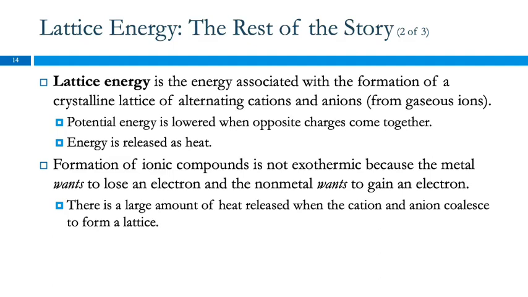So this is an important idea. The formation of ionic compounds is not exothermic because the metal wants to lose an electron and the nonmetal wants to gain an electron. I talk about it that way. Go ahead and think about it that way. That's only a small part of it.